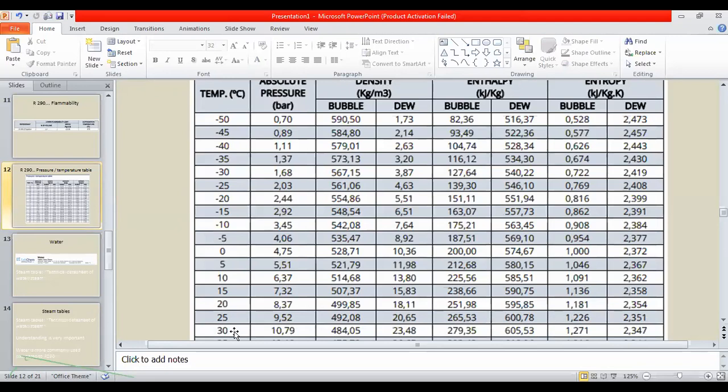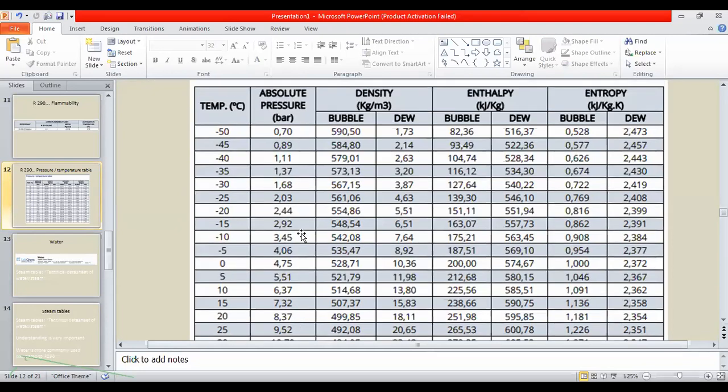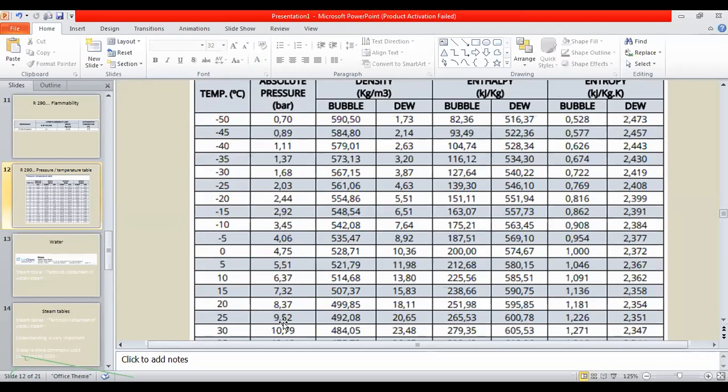So at temperature 25, this is the pressure where both liquid and vapor remain. So in short, at temperature 25, okay, for boiling, just for boiling, the pressure is 9.52. So at 25, at this pressure or above, you can have liquid.